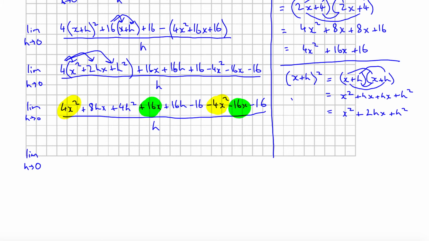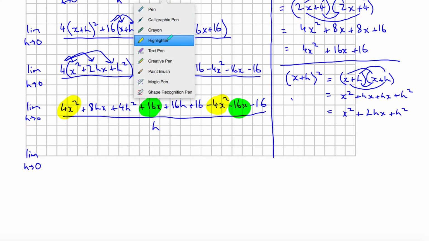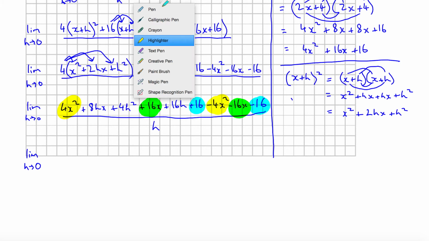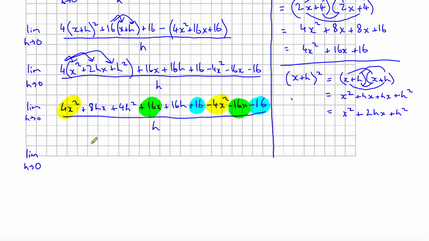Then I have a positive 16 and a negative 16, so my final cancel there is the 16 and the 16. So all the things I've highlighted will give me 0 when you add them all together. So what does that leave us with then?